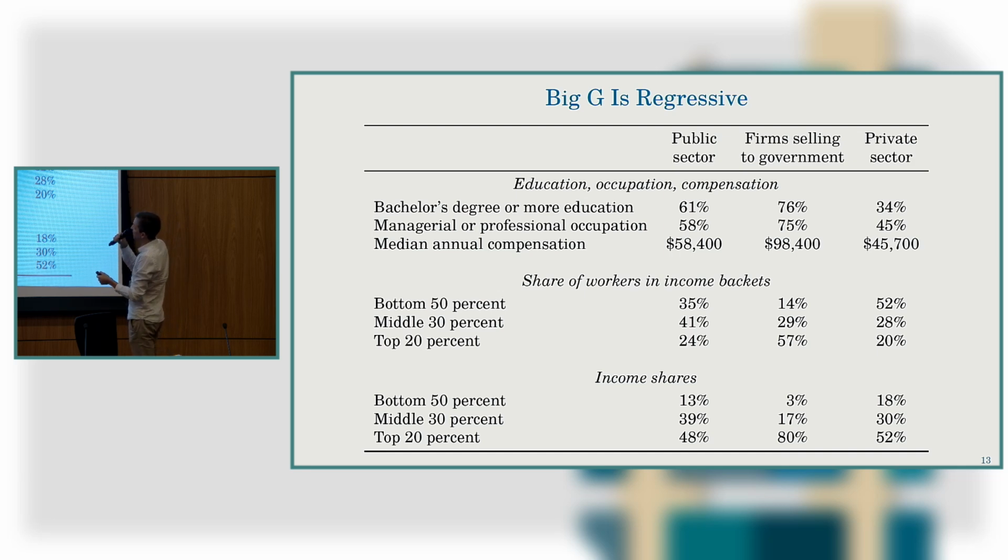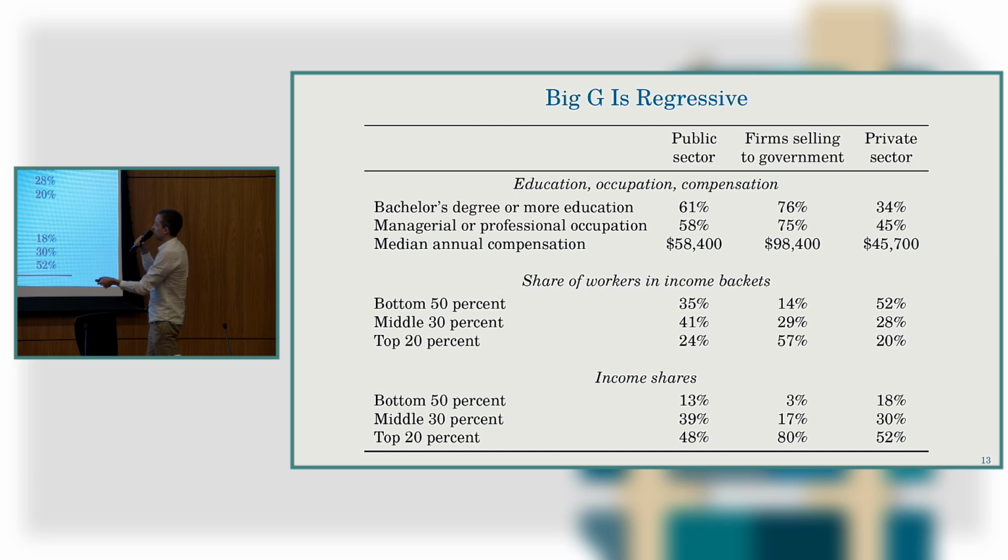That's for public sector employees, so federal, state, and local employees. On average, that's also actually known: public sector employees are more educated than private sector ones. They are more likely to be in managerial or professional occupations. And as a result, they earn more. Their median wage is higher.